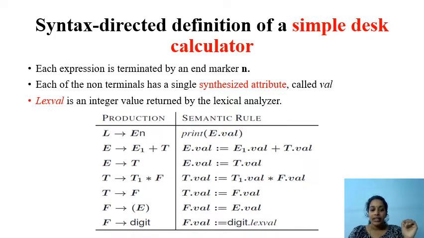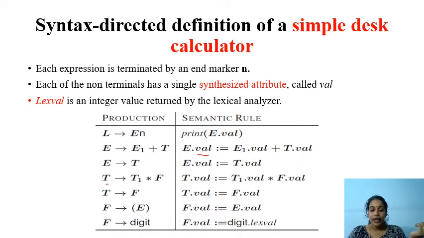Here we have added E.val is equal to E1.val plus T.val, and here E.val is exactly the same as T.val. Here T.val is equal to T1.val times F.val.